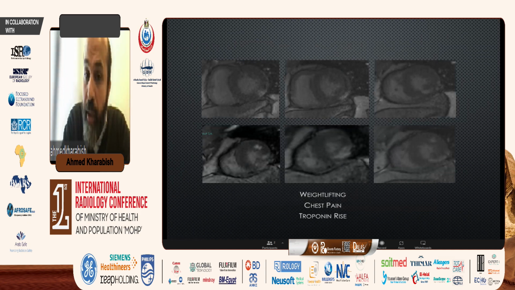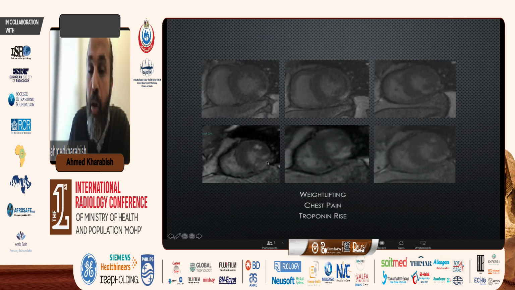The dilatation was also suspicious for cardiomyopathy, so the question was whether this is a myocarditis on top, or a kind of coronary event that took place, because the troponin was increased on presentation.